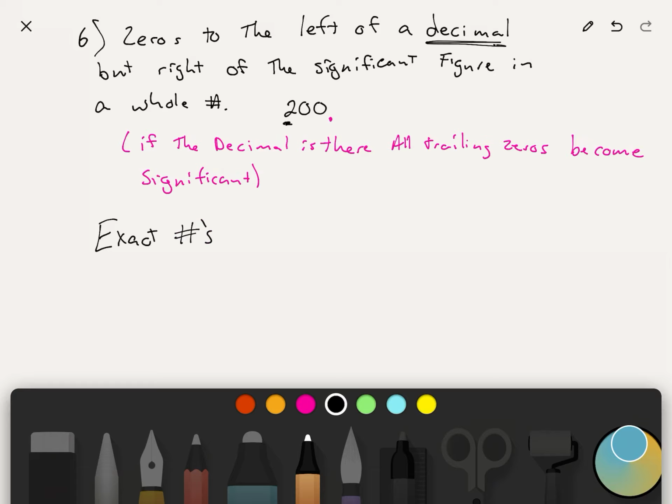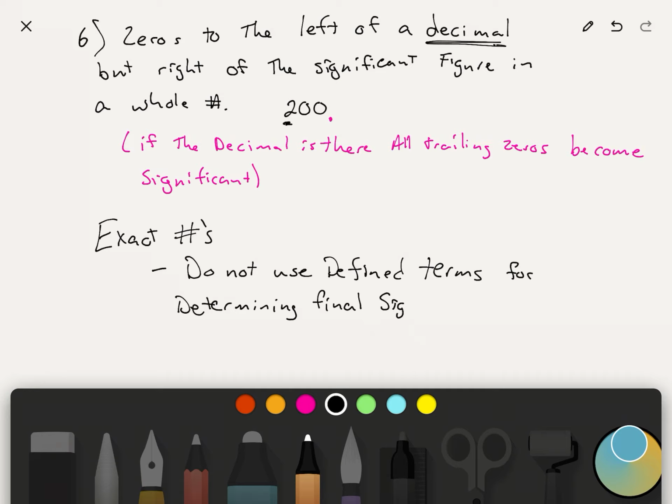If you're dealing with an exact number, a number that is defined, then you do not take those numbers into consideration with your significant figures in your calculations. Do not use defined terms for determining final significant figures in a problem.